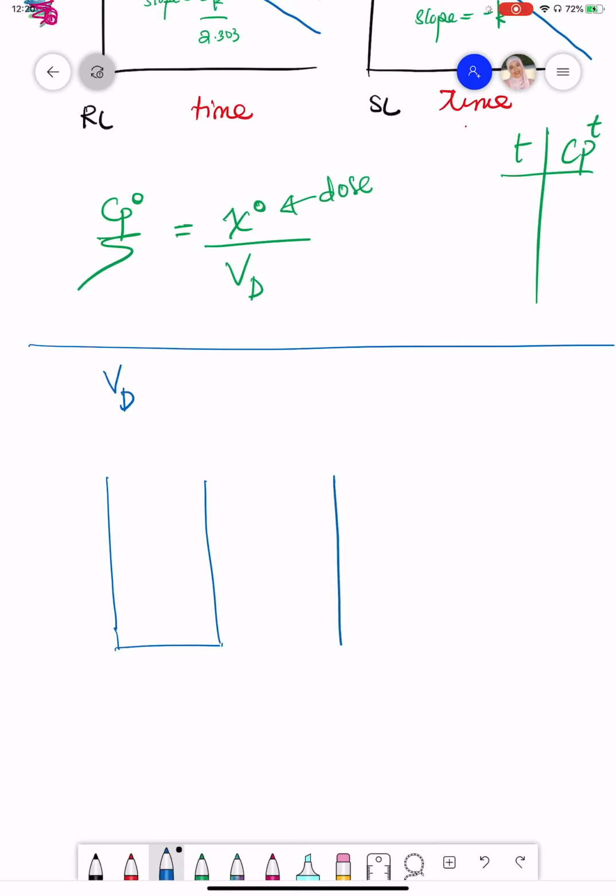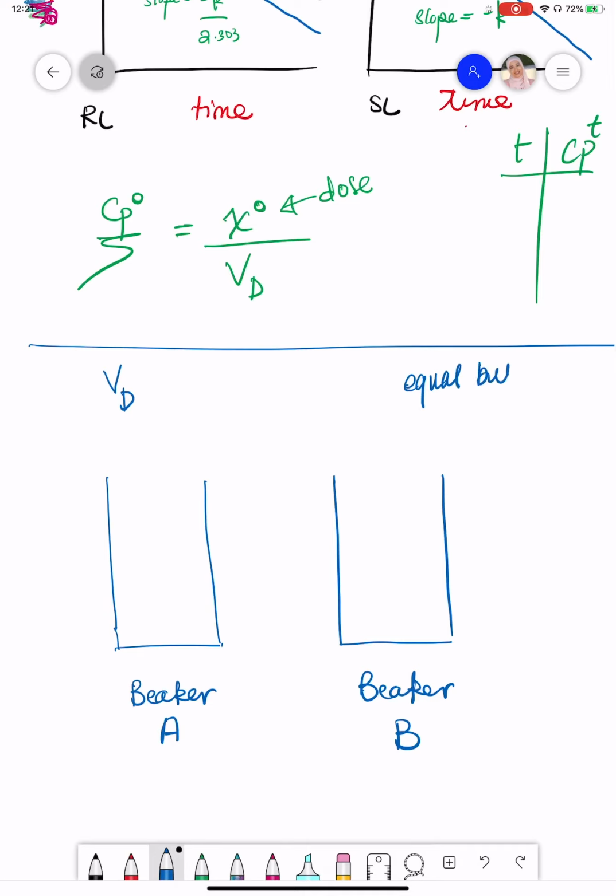Beaker number 1 and beaker number 2, or just let's have it as beaker A and beaker B. Okay, so we have them as two beakers again with equal but unknown volume. And we will have them filled with water.